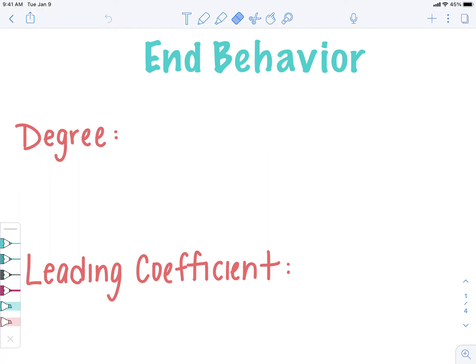So the way we determine the end behavior is we look at the degree, which if you remember, the degree is the highest exponent, the biggest exponent in the equation.